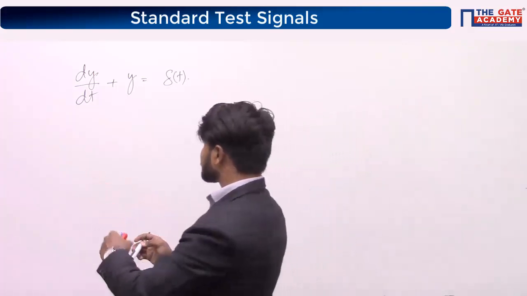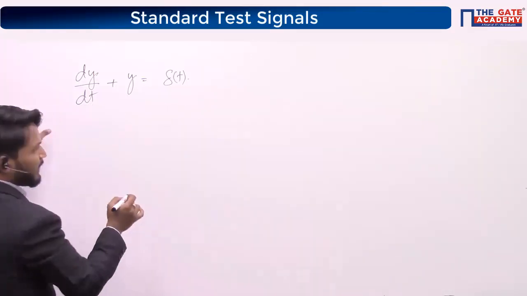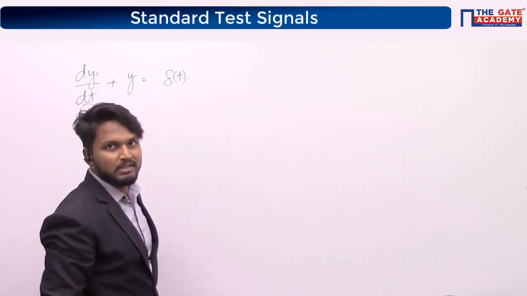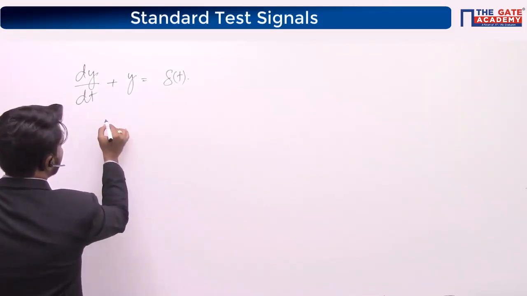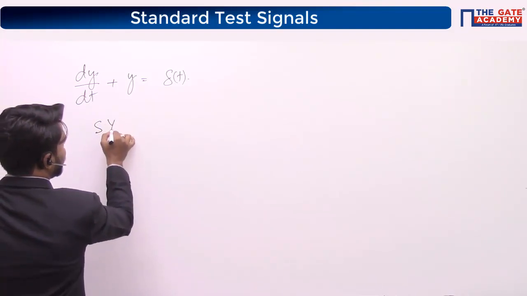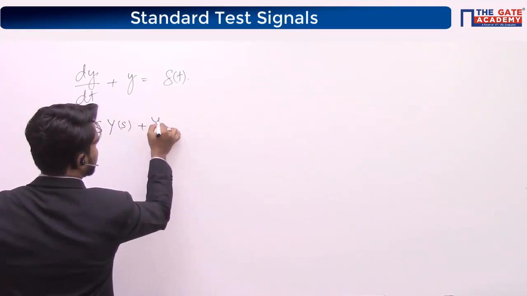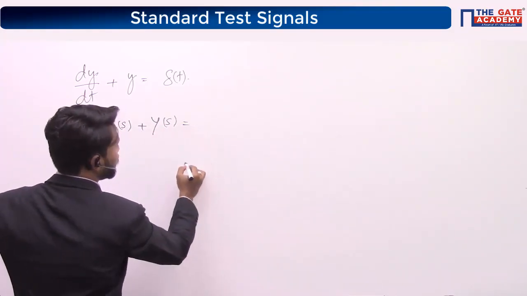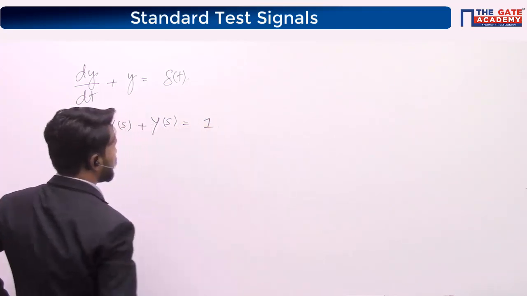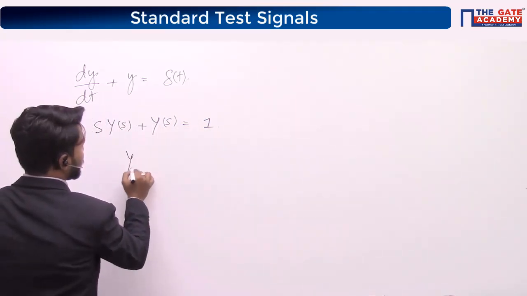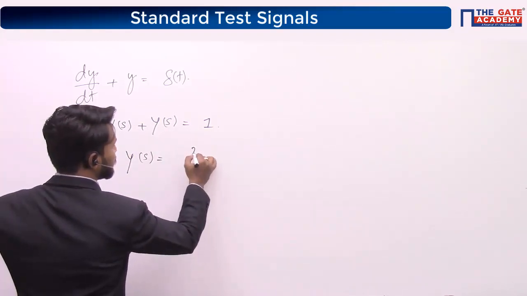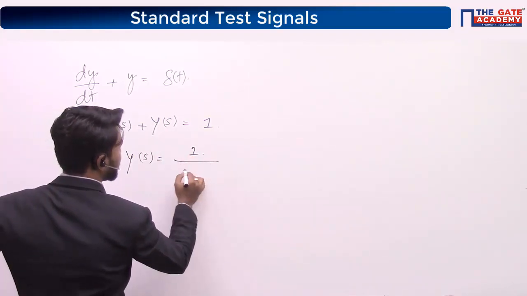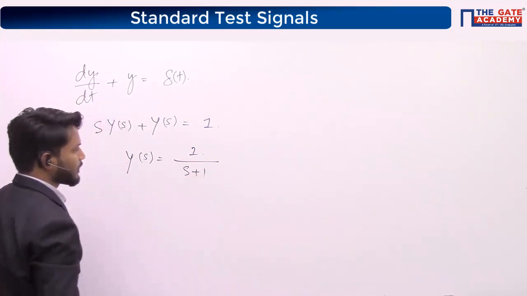So see here, just apply Laplace transformation on both sides. Therefore, s into Y of s plus Y of s is equal to 1. Therefore, Y of s is equal to 1 divided by s plus 1, right?